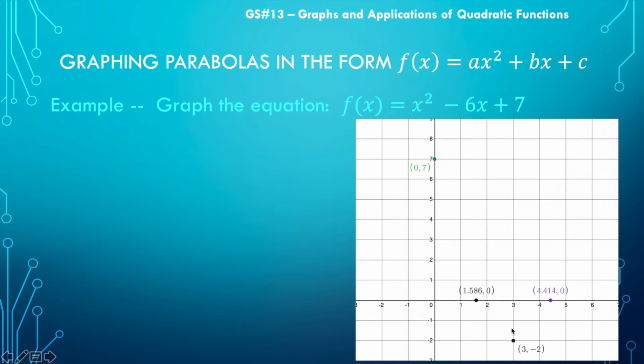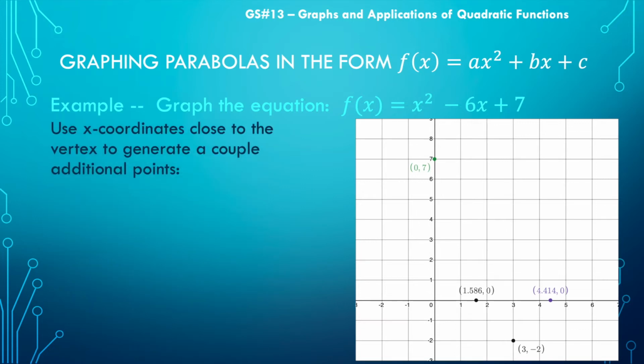So if I go directly to the left of my vertex and directly to the right of my vertex by subtracting 1 from an x and adding 1 to the x, let's find those values. So let's find f of 2 by subbing in 2 into our function. 2 squared minus 6 times 2 plus 7. That's 4 minus 12 plus 7 is negative 1.